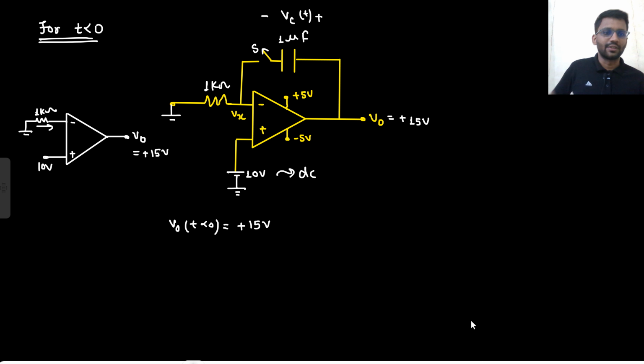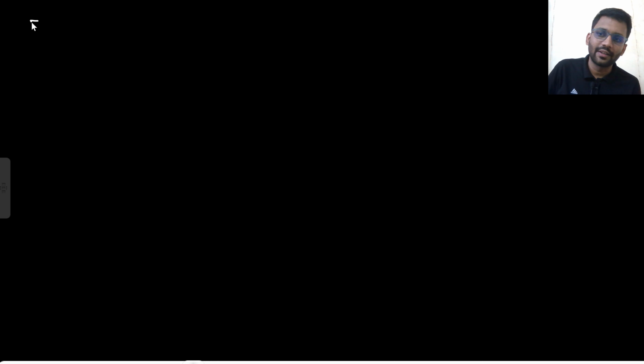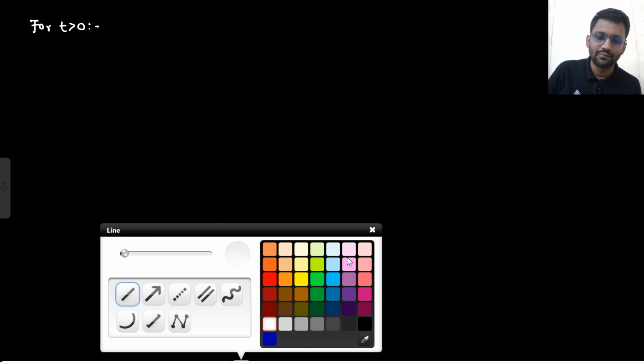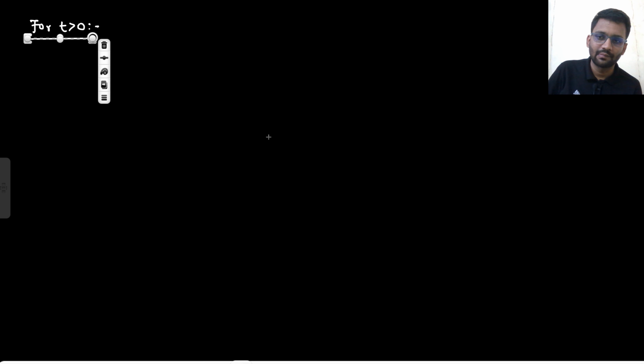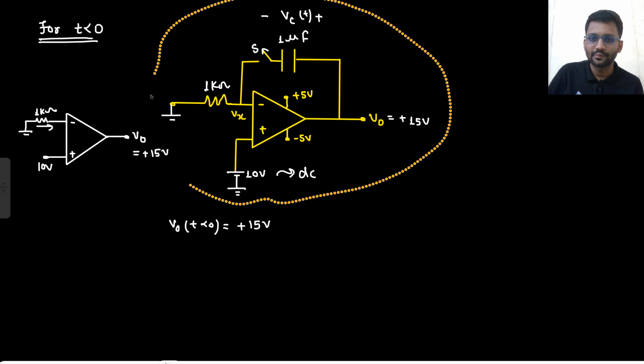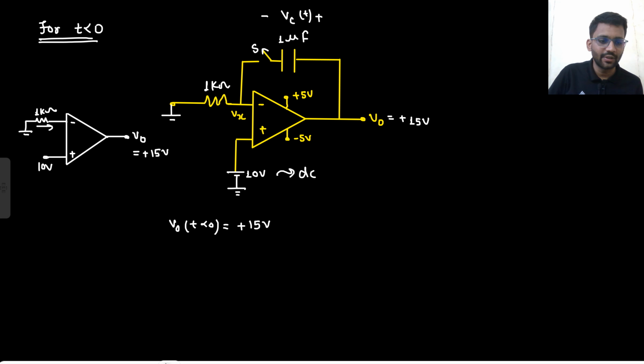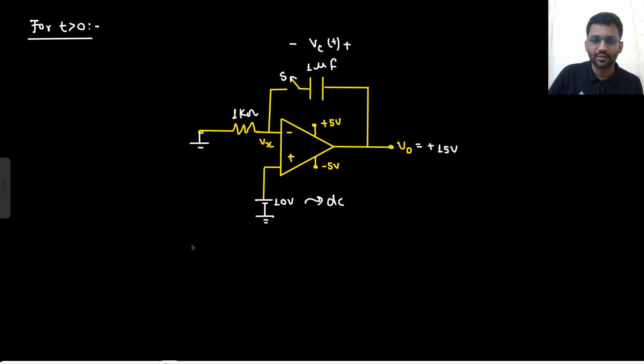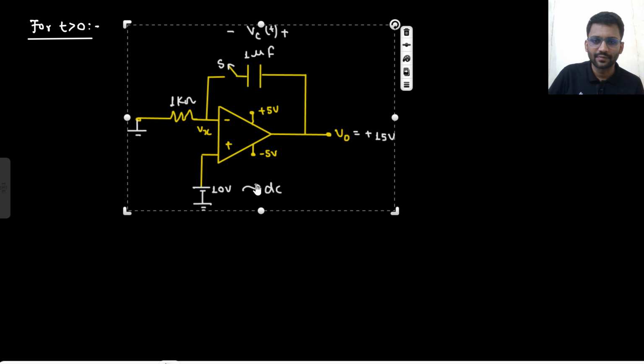Now the switch is closed for t greater than 0. Input is still there. There is no issue about the input.